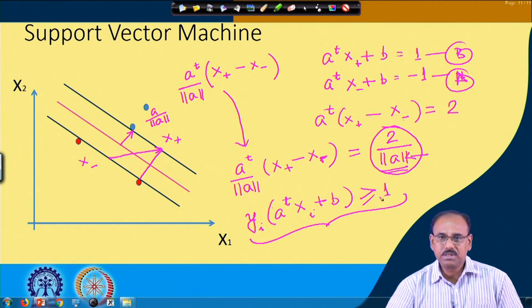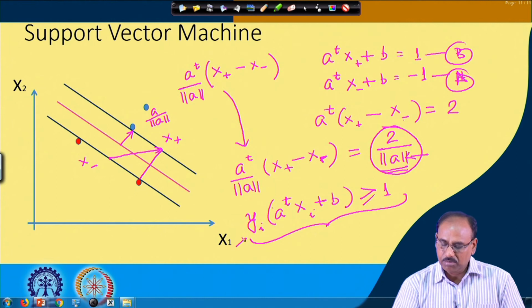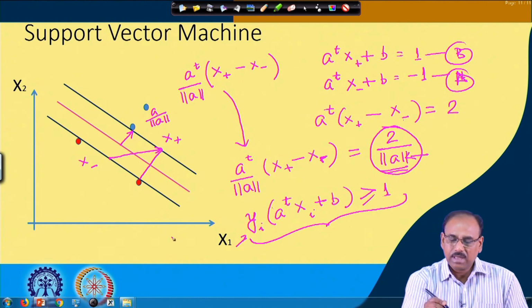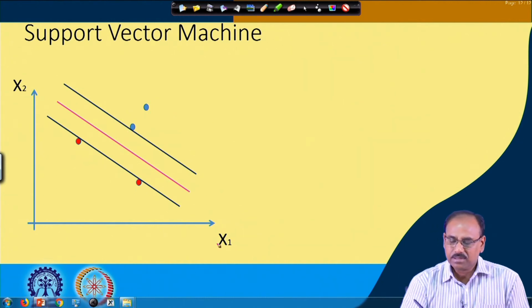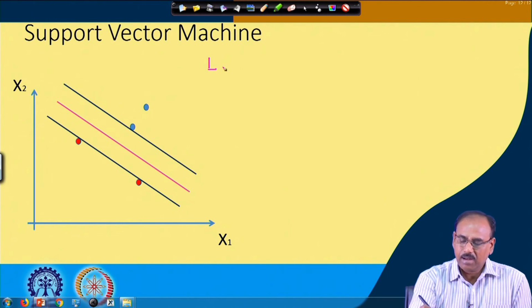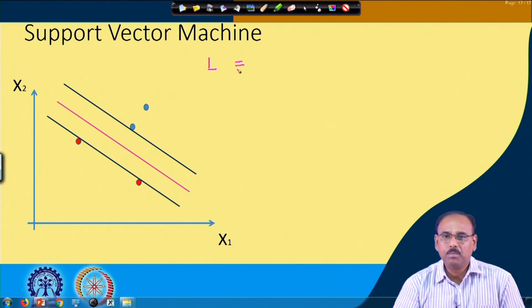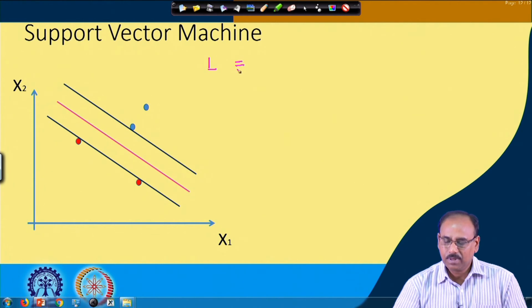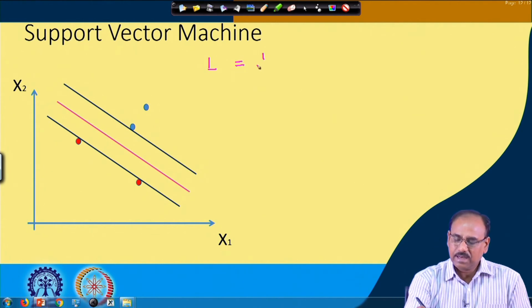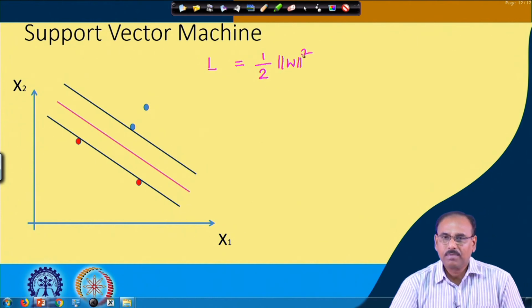So, here what I have to do is form a Lagrangian using this particular constraint. The Lagrangian can be formed like this. I form L, as I have to minimize mod of W, so the Lagrangian that I form, there I write half of mod of W square. Why I am taking this as half of mod of W square will be clear very soon.